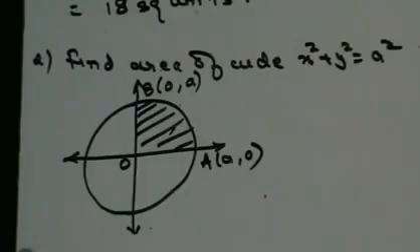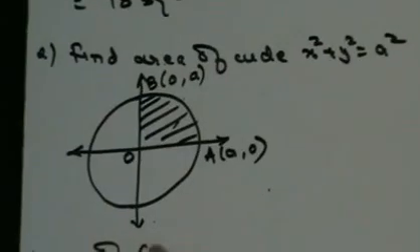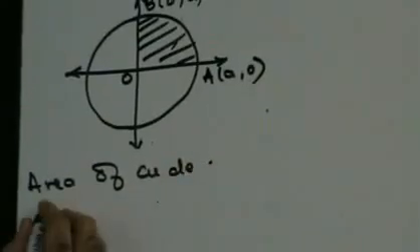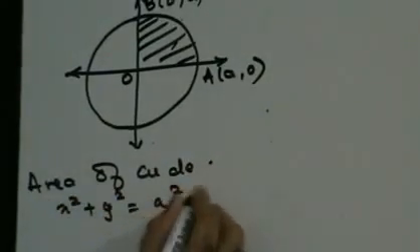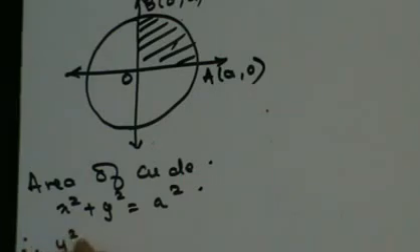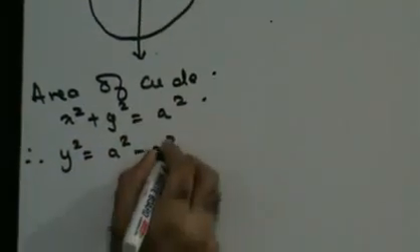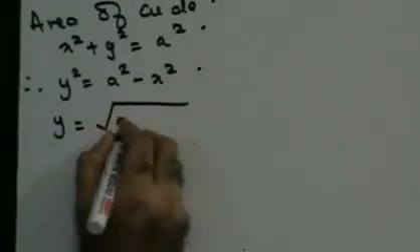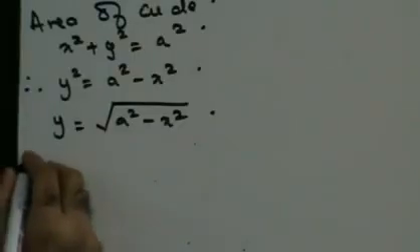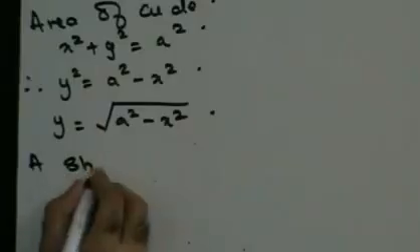Now, I can say that the circle is x square plus y square is equal to a square. Therefore I can say y square is equal to a square minus x square. Y is root of a square minus x square, right? Now let's try to find out area of shaded portion.